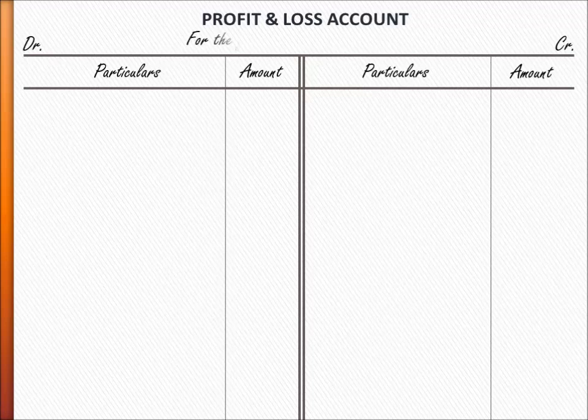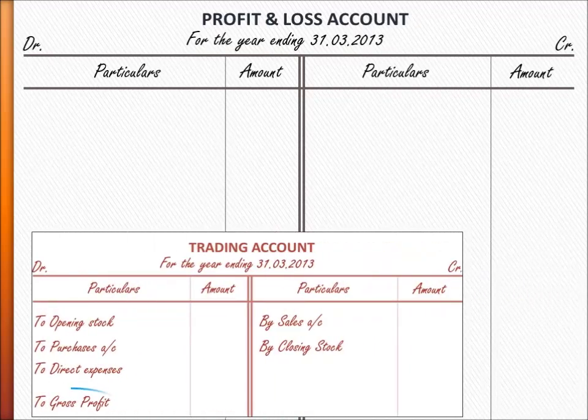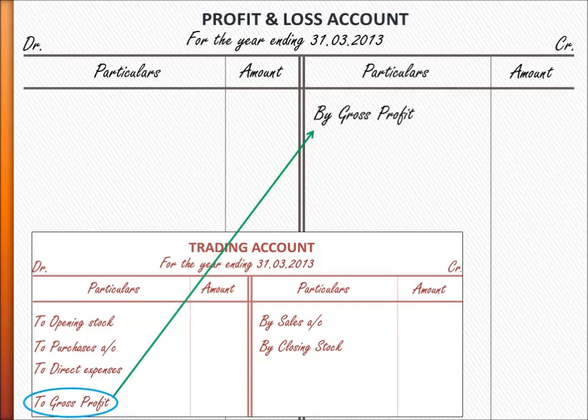Then number 2, profit and loss account, for the year ended 31st March 2013. The format of the profit and loss account will be the same as in the trading account, meaning it will be in T shape. The gross profit you found on the debit side of the trading account will be transferred to the credit side of the profit and loss account as "by gross profit."